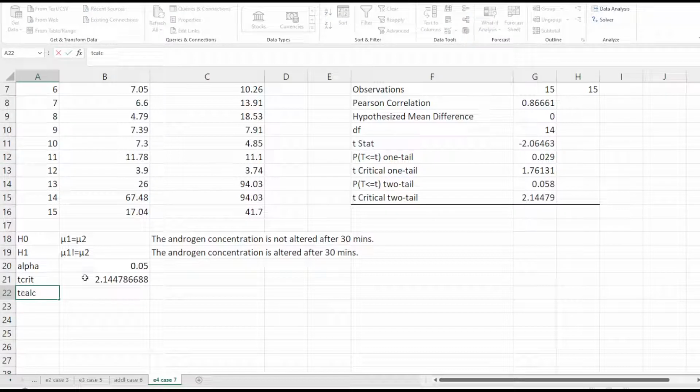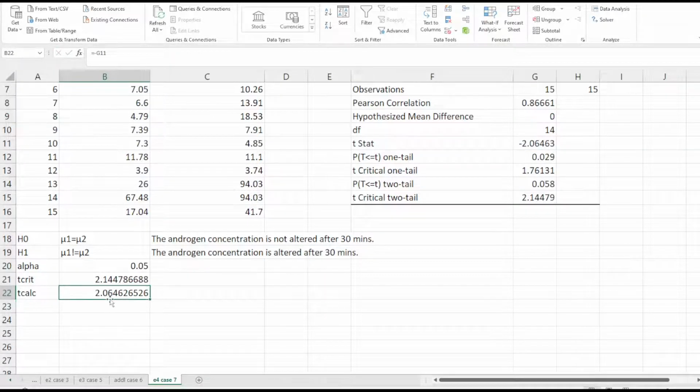T calc natin will be equal siya sa itong t stat, which is this one right here. So it's negative siya kasi nasa negative tail siya, pero again when we're concluding, we always get the absolute value, no? So pwede naman. But if you don't want to deal with the negatives, pwede naman i-negate na natin as early as now, no? Para yung t-calc natin naka-positive na siya.